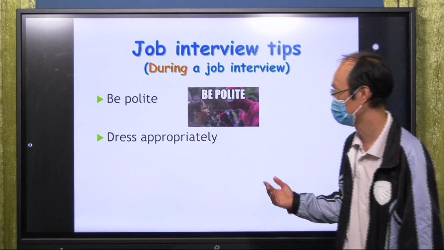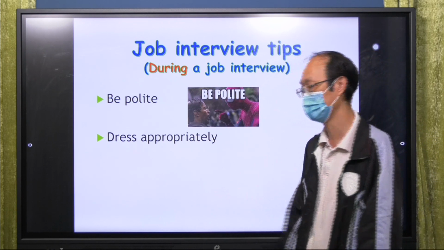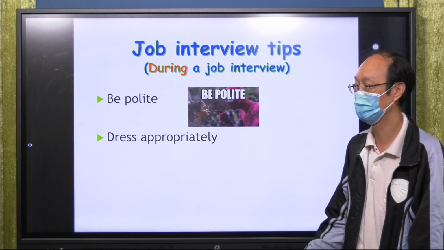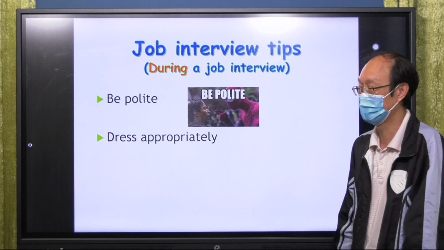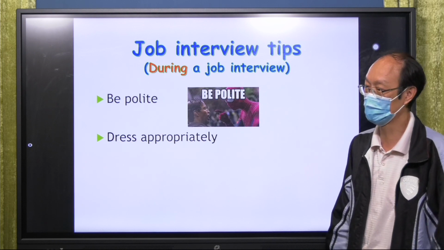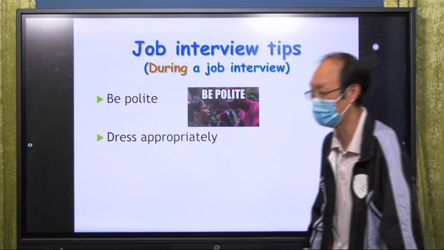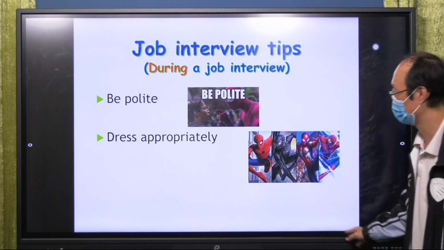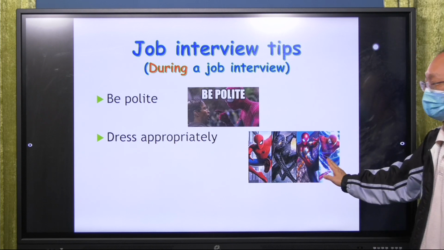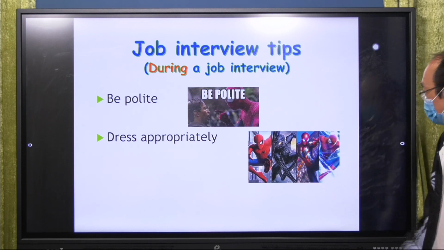You should dress appropriately, I mean suitably, for your interview. Don't just wear a t-shirt or shorts. Of course, you should wear trousers. Like this one, Spider-Man has a different suit.